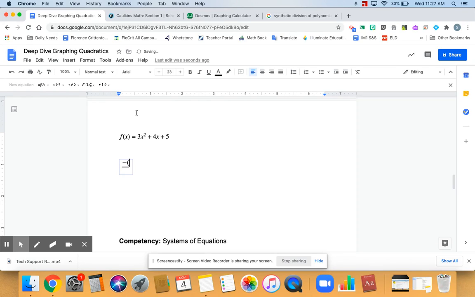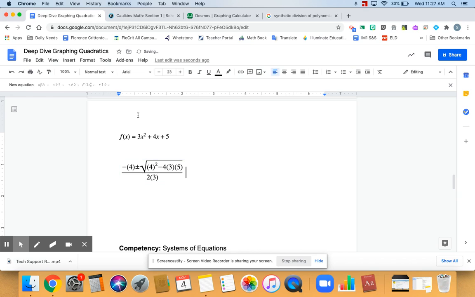It's negative b, and what's b? 4. And then we have the plus or minus square root of that b being squared minus 4 times a, which is 3, and then times c, and what's c? 5. All over 2 times a, which is 3.